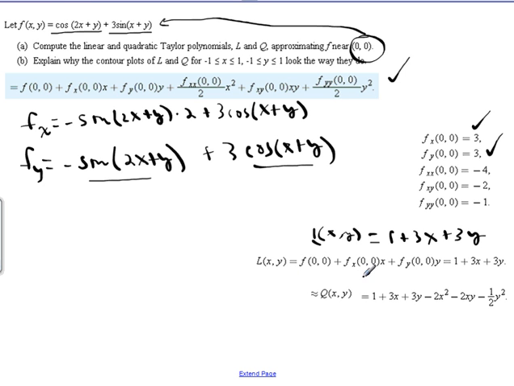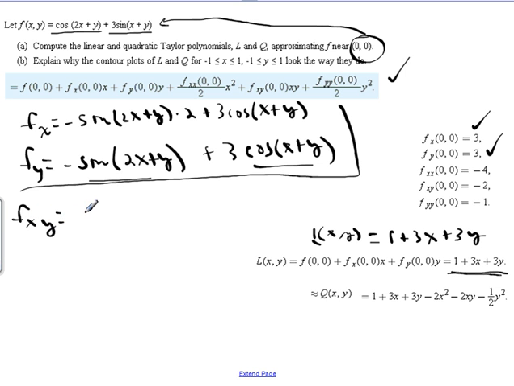Now we need to find, and that's given right here, our second order. So to do that, we're going to need to find more partial derivatives. So we get f partial xy, which equals negative cos of 2x plus y times 2, plus 3 sine of x plus y.